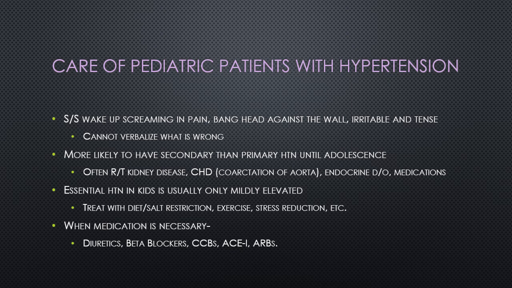They're not setting time limits on their devices for themselves. So we need to include the parents in the plan of care. When medication is necessary, it's really the same as what we see for adults: diuretics, beta blockers, calcium channel blockers, ACE inhibitors. And if those don't work, we can try the angiotensin receptor blockers.